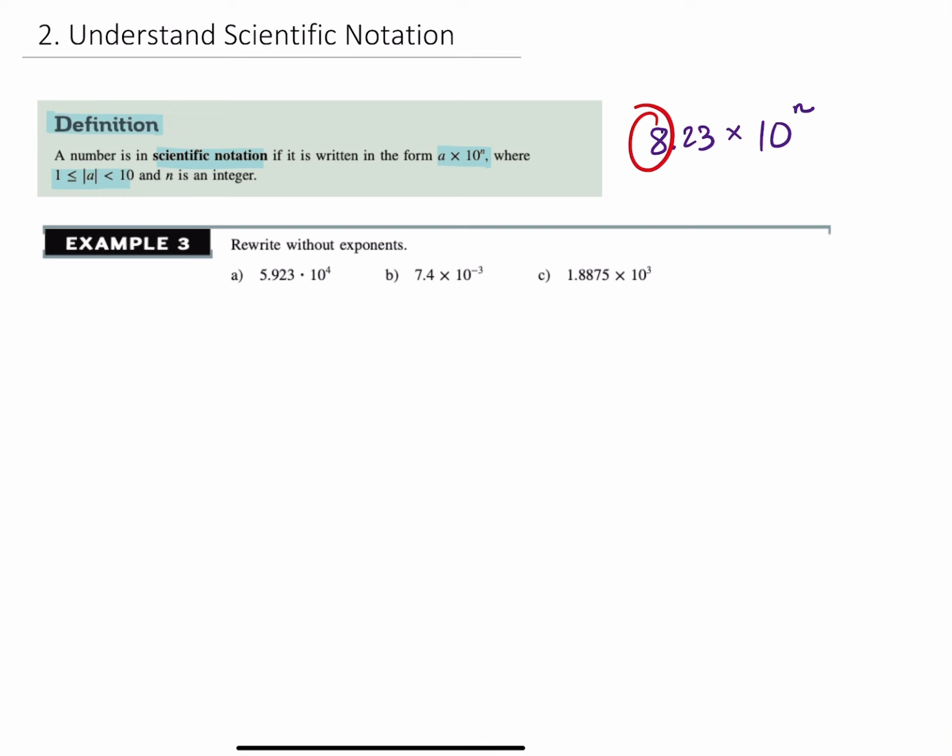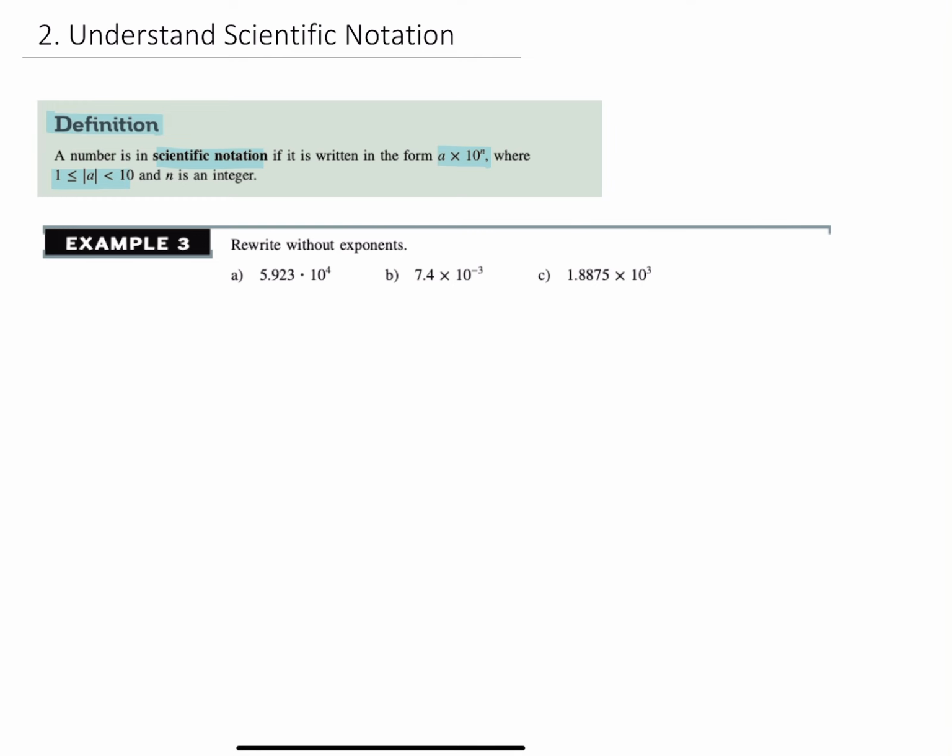So if a number was like 13.2 times 10 to the third, we would say it's not technically in scientific notation because this number before the decimal is greater than 10. What it would really be is 1.32 times 10 to the fourth. So the number in front of the decimal is between 1 and 10.